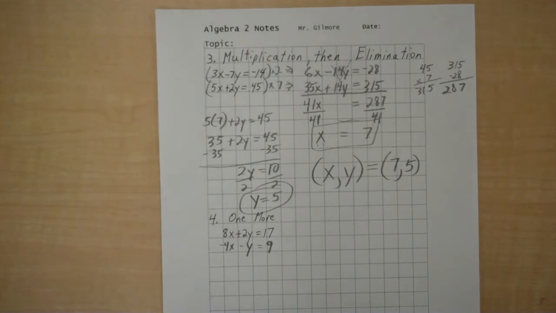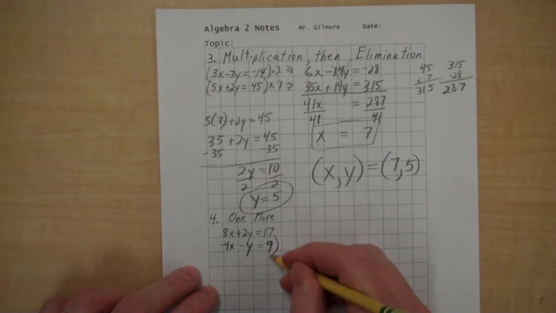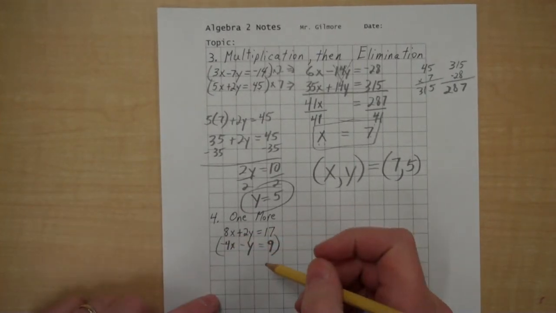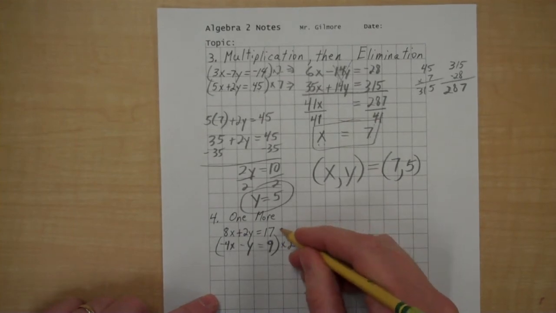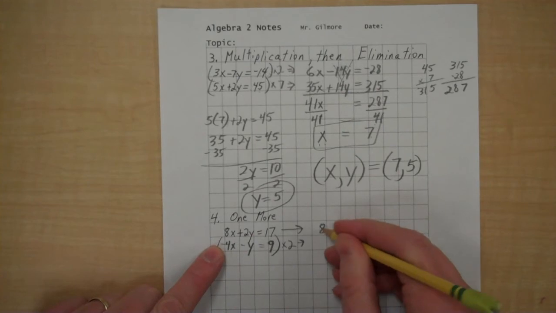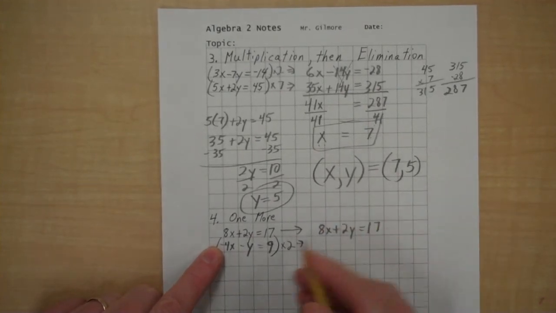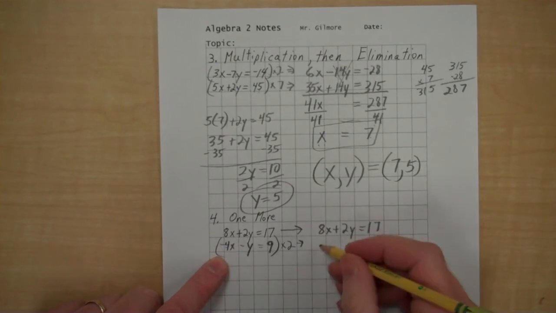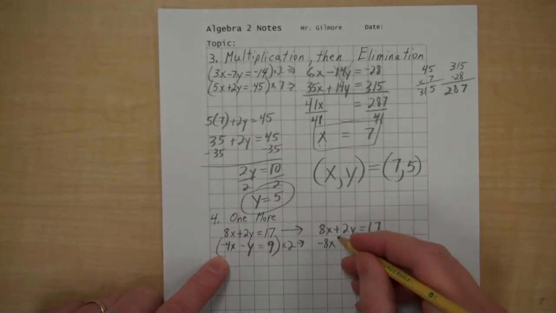Now let's take a look here. I am inclined to multiply again, and I think I'll go after the x's this time. I'm going to multiply by 2. I'm going to leave this one as it is and have 8x plus 2y equals 17. Multiplied by 2 because now I have negative 8x, which is going to cause me to be able to cancel out the x's.